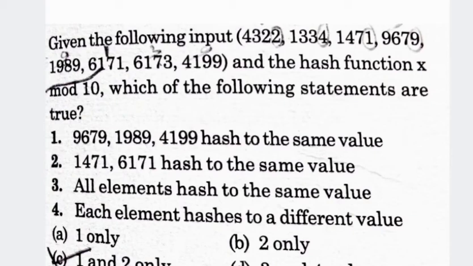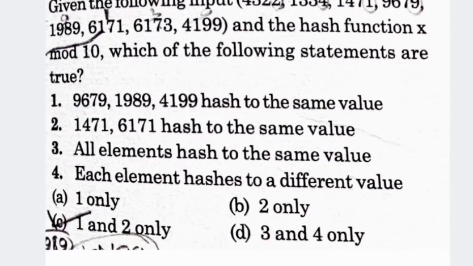Which of the following statements are true? They are giving four statements here. Statement 1: 9679, 1989 and 4199 hash to the same value. Statement 2: 1471 and 6171 hash to the same value.